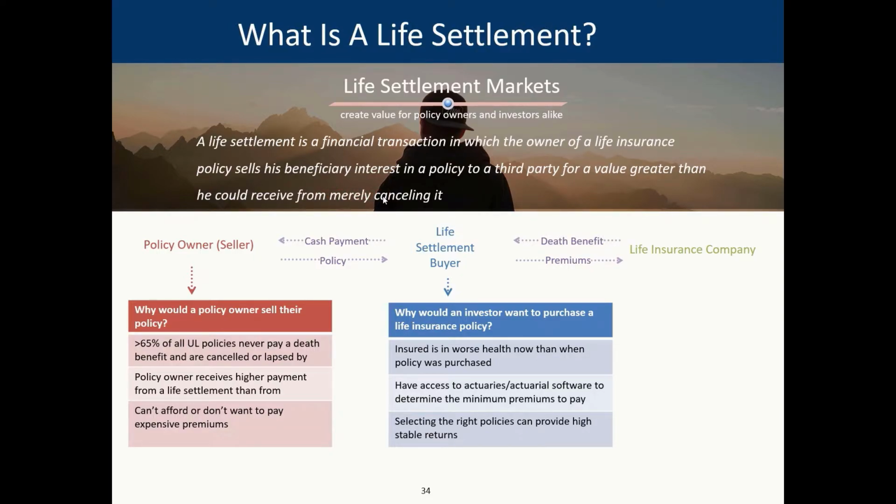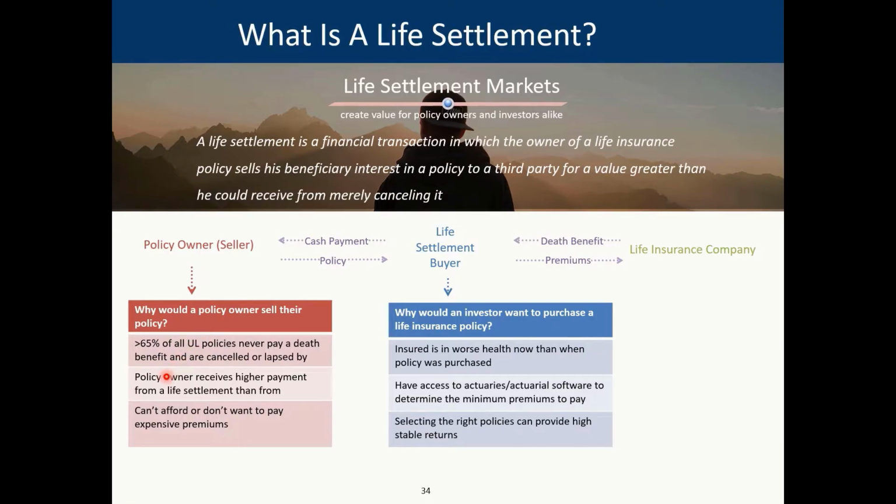So what does that mean? A policy owner decides that they no longer need or want or can afford the policy. A lot of policies actually never pay a death benefit. As an actuary has priced these life insurance policies, a lot of these are designed such that the policy owner never actually gets a death benefit, but will pay a lot of premiums in the policy and then cancel it, right?